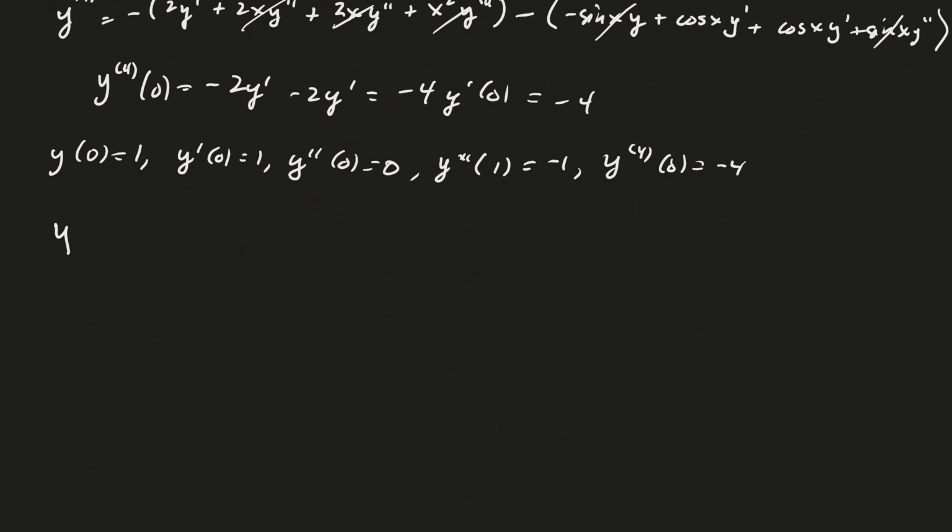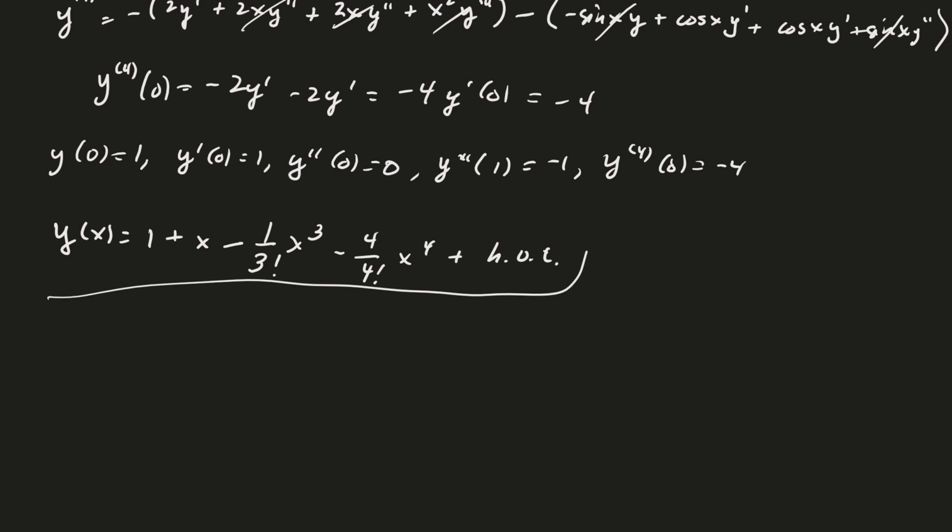And so therefore our y of x is going to be 1 plus x plus 0 minus 1 over 3 factorial, x cubed minus 4 over 4 factorial, x to the fourth plus higher order terms. Good. You could leave your expression like this, but notice that 4 over 4 factorial is the same as 1 over 3 factorial, or 1/6. So you could also write that. Very good. So this is our solution.